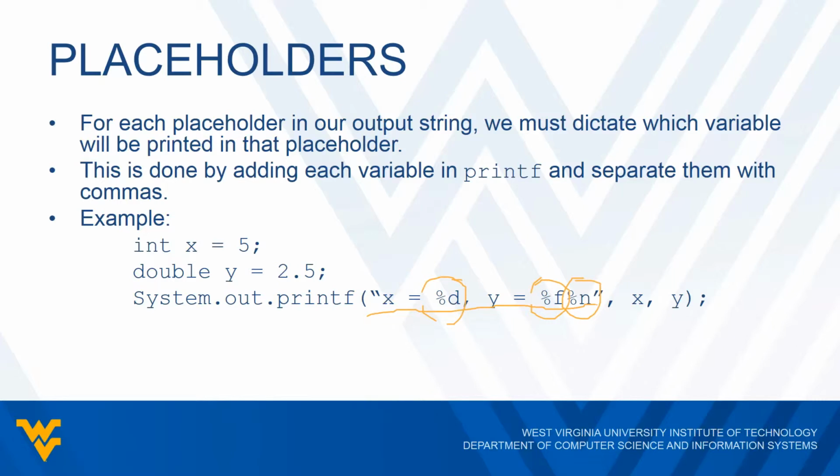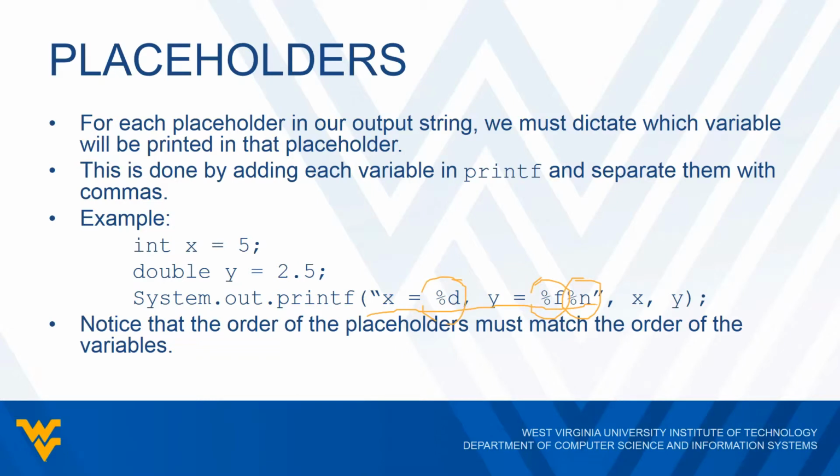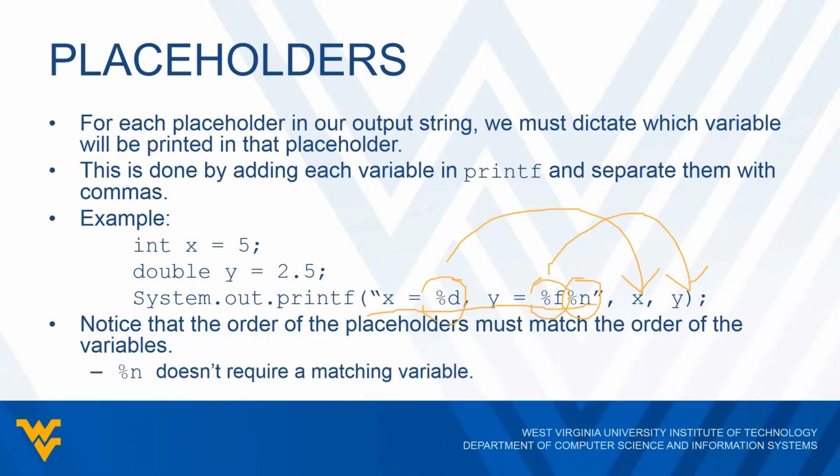The placeholders that correspond to values must have a corresponding variable. So I have the x and the y. And it's worth mentioning that the order does matter. There has to be a matching order. So this %d is going to correspond to the value of x, and %f is going to correspond to the value of y. And it's worth noting that the %n, since that's a new line placeholder, doesn't require a matching variable.